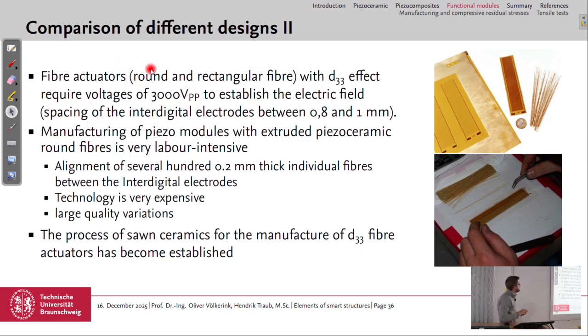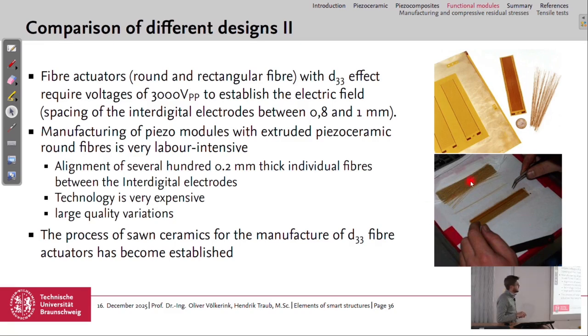So next slide, to compare different designs: fiber actuators with round or rectangular fibers using the D33 effect require higher voltages to establish the needed electrical field. And the spacing of the interdigital electrodes is between 0.8 and 1 millimeter. The manufacturing is very labor intensive because you have to place these fibers manually next to each other before you can embed them in the polymer.